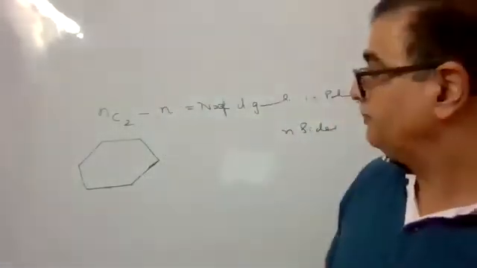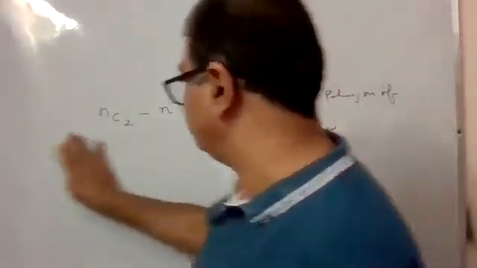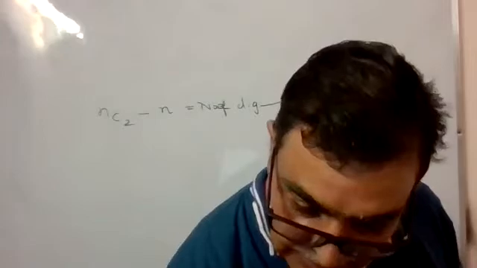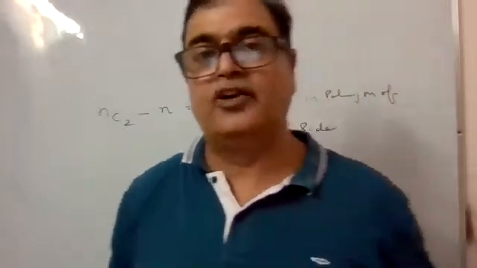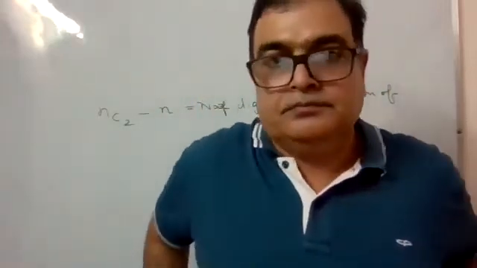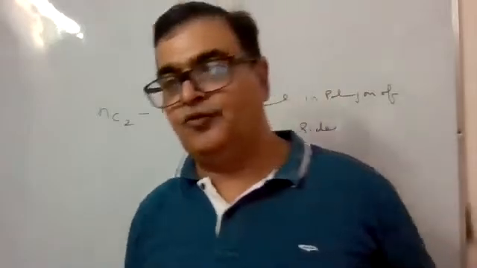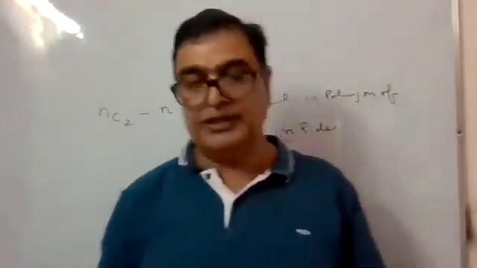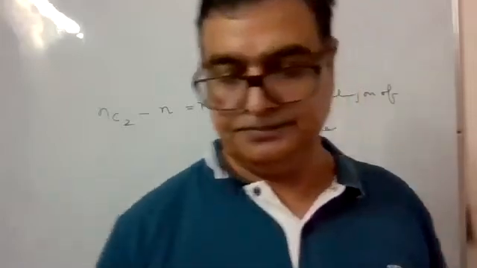Thank you, sir. Okay. Now write a question on it, please. A polygon has 44 diagonals. Find how many sides are there in the polygon.